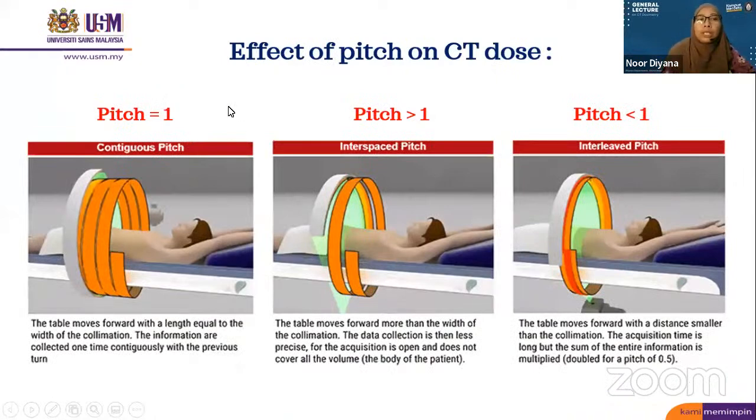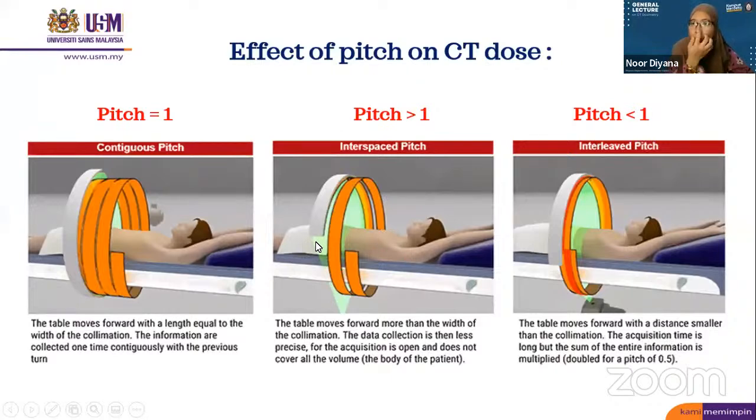For a pitch equal to 1, it is describing a continuous beam. But if pitch is more than 1, there will be a gap between the beams, and some parts are not covered fully by the beam. In terms of dose, it reduces dose.